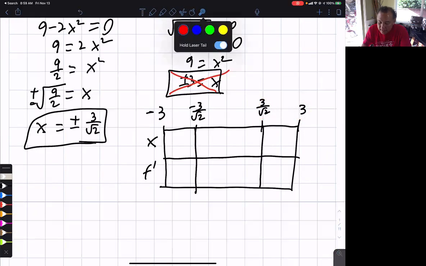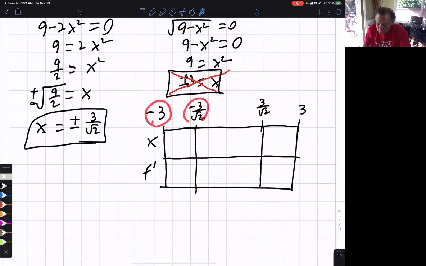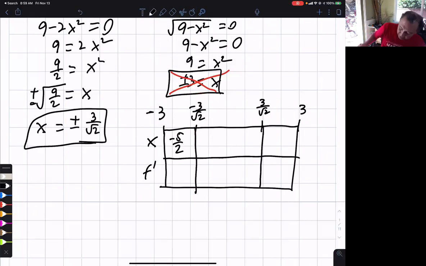Therefore, I can pick any number between these 2 and put it there. I can pick any number, doesn't matter. What does that equal? I'm going to guess about negative 2. I'm going to pick negative 2.5. I can double check. In your calculator, you can put in 3 over radical 2 to make sure we're in between those 2.